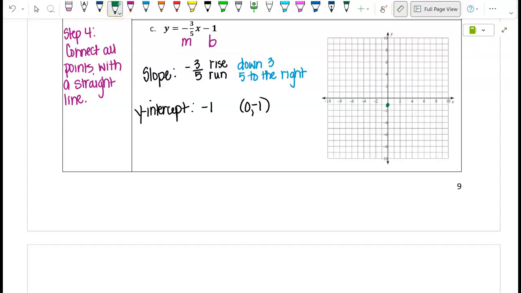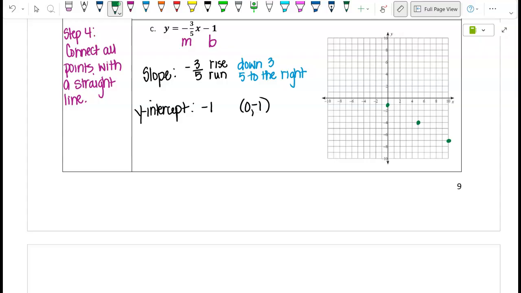So again, from that y-intercept, I'm going to count down 3 and then 5 to the right to make my next point. And then from there again, I'm going to go down another 3 and then another 5 to the right. And again, if I've done it correctly, then those 3 points should all be in the same line.